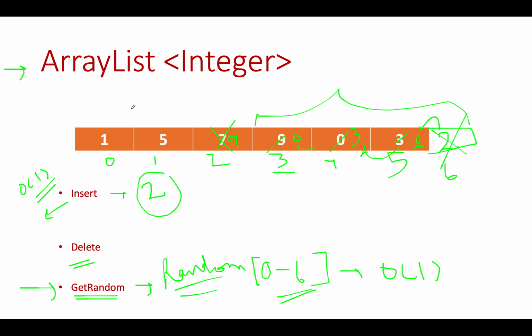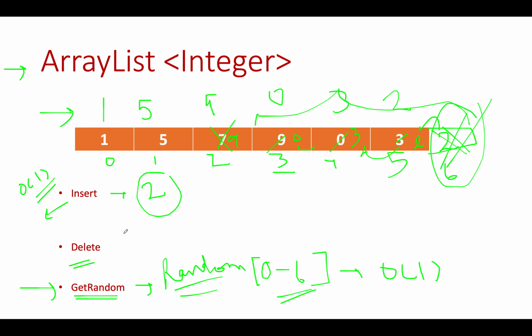So what is the updated state of the array list? We have 1, we have 5, we have 9, we have 0, we have 3, we have 2, and this index is gone. So the deletion actually happens only on the last index, and all the remaining elements are copied towards left by 1 unit depending upon the position in the array list.